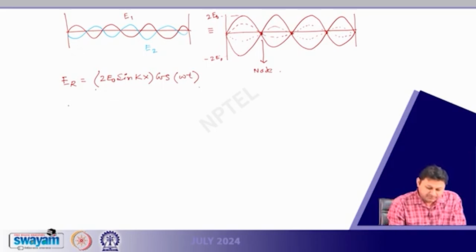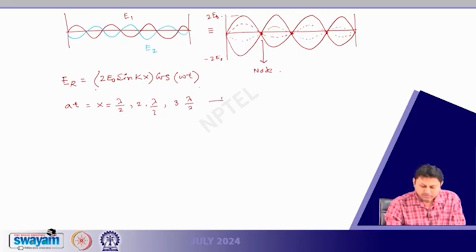However, at the node points, that means at x equal to lambda by 2, then 2 into lambda by 2, then 3 into lambda by 2, these are the points where the amplitude will always be 0.